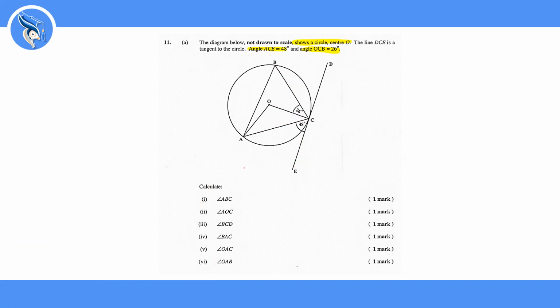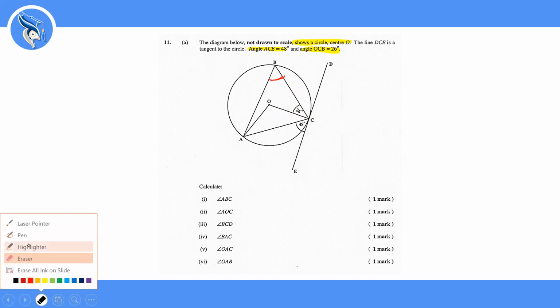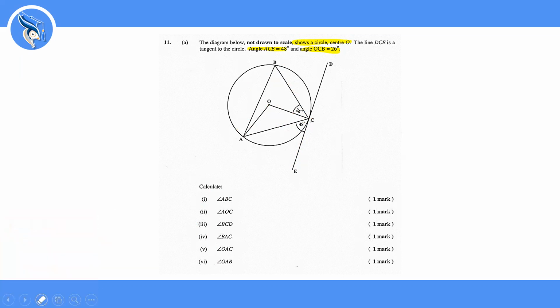So angle ABC is what we need to find out first, which is this one. Now you could even go ahead and solve this, then this, and this, and figure out angle ABC. But you don't have to go through all of that to figure it out. You can use one of the theorems, and especially if they're going to ask you to give a reason for your answer, then the theorem would be the way to go.